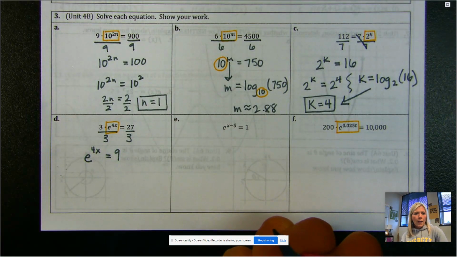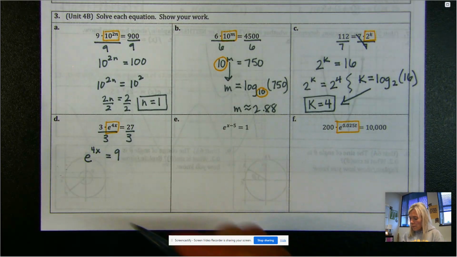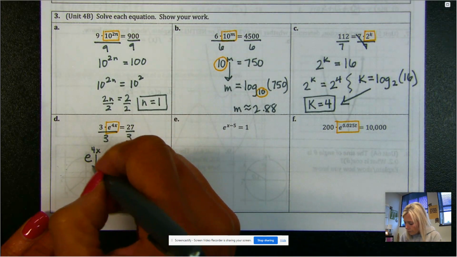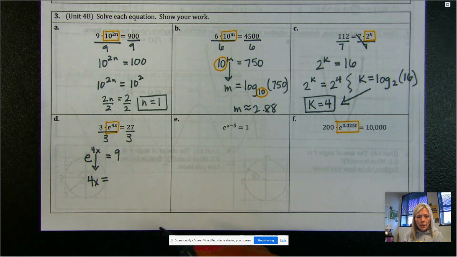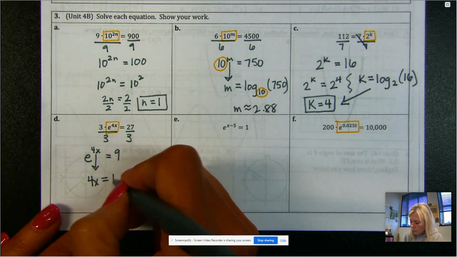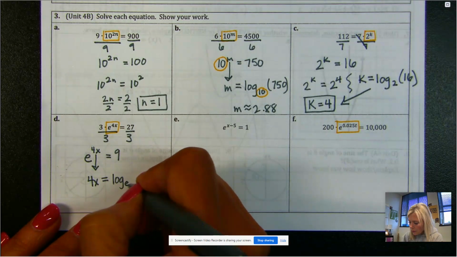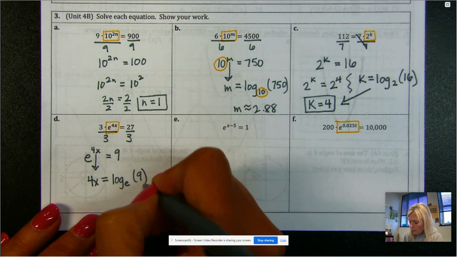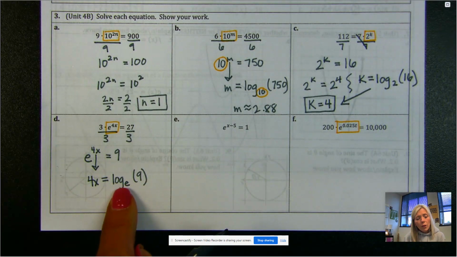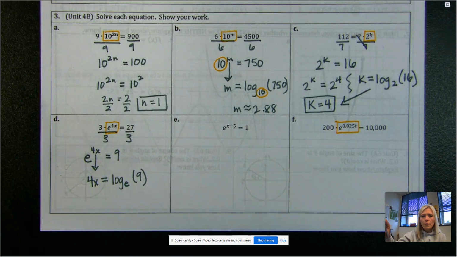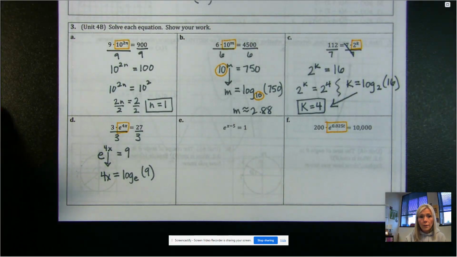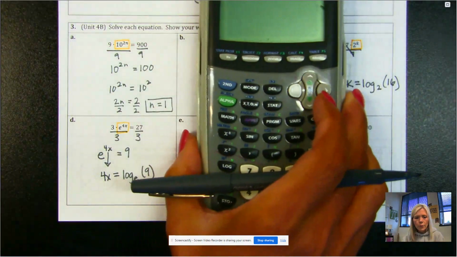Okay, so again, our exponent comes down, and it's equal to the log base e of 9. Now, the log base e of 9 is actually called the natural log. Remember, your calculator also has that already programmed.